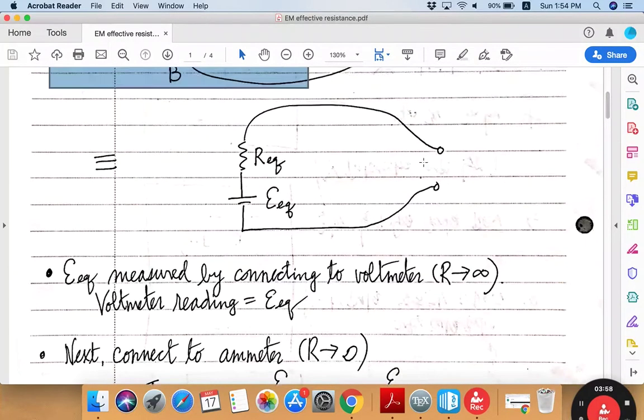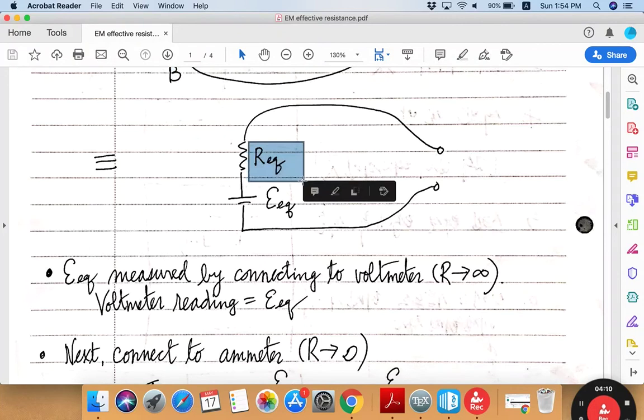And if that were the case, then this equivalent resistance will exhibit no voltage drop, because voltage drop is just the current I multiplied by the equivalent resistance R. However, since the current is going to zero, multiplying the current by R still gives you zero.